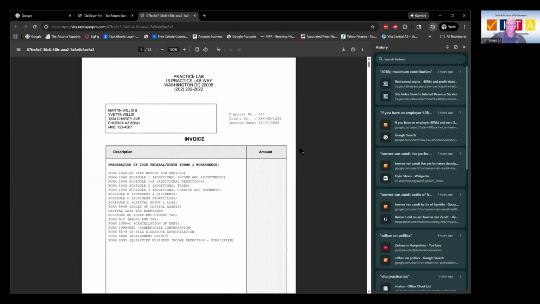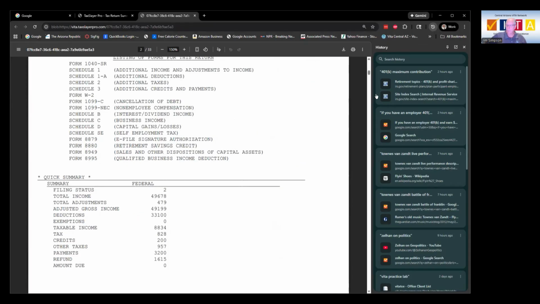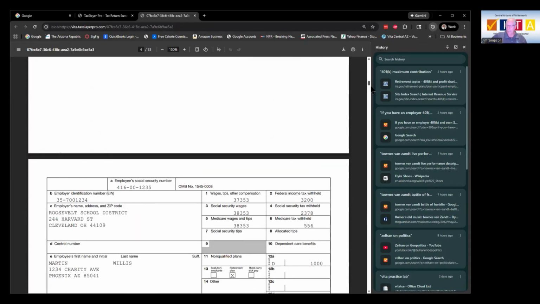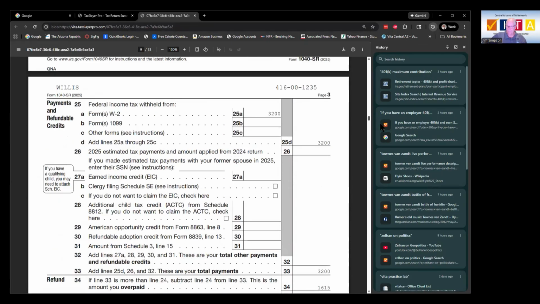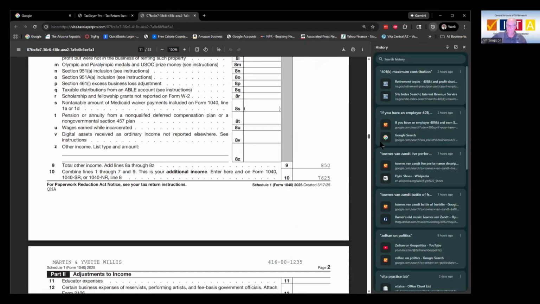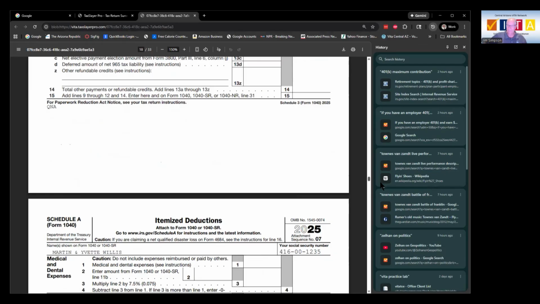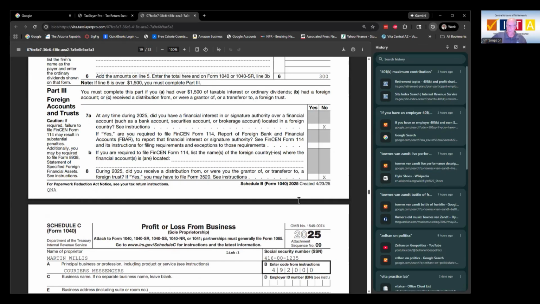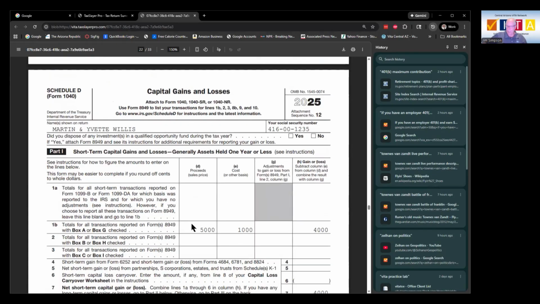I'll make it bigger here so you can see. What I want to show you is if I go down through this return, it creates a Schedule D. So you can see here's this one that I did, and this doesn't hardly make sense for you. It says totals for all transactions reported on Form 8949.